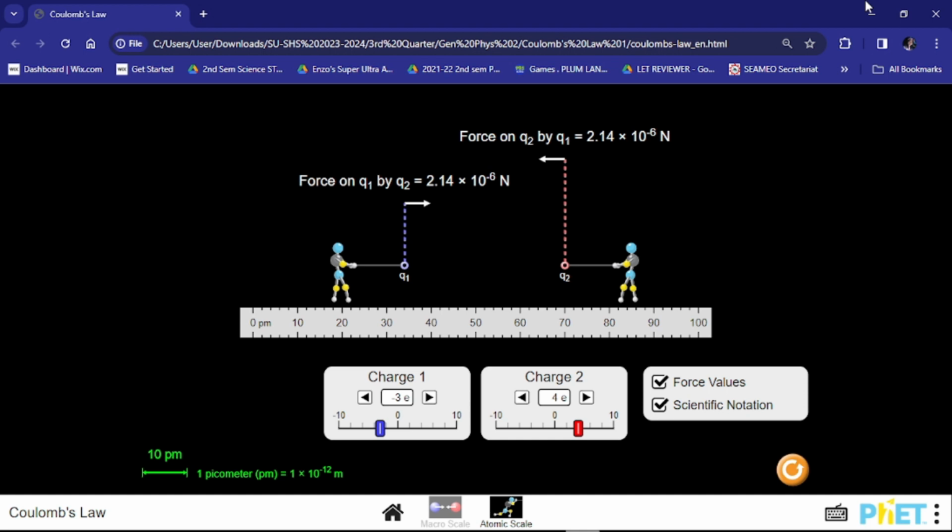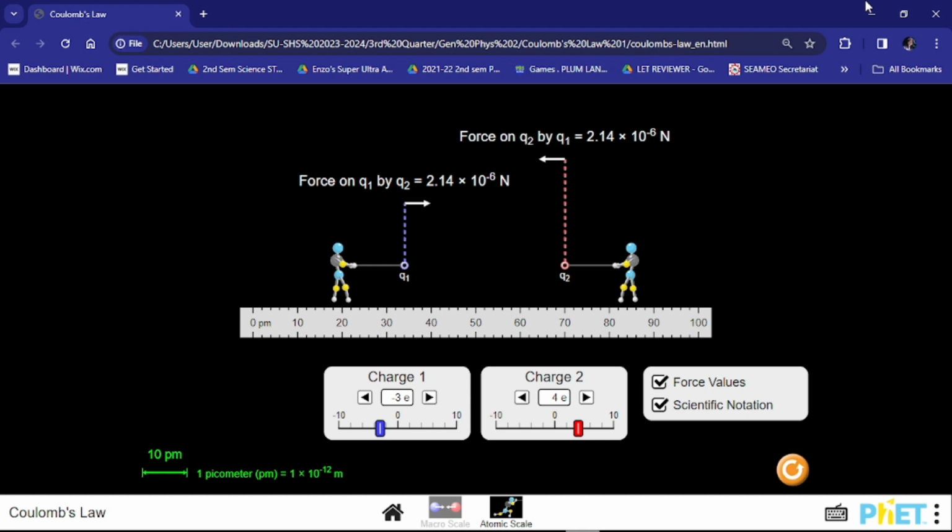Now, I want you to look at the arrow on quark 1. This arrow is a depiction of the force exerted by quark 2 on quark 1. While the other arrow, the arrow that you can find above quark 2, is the force exerted by quark 1 on quark 2.